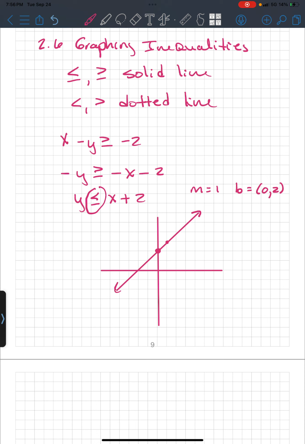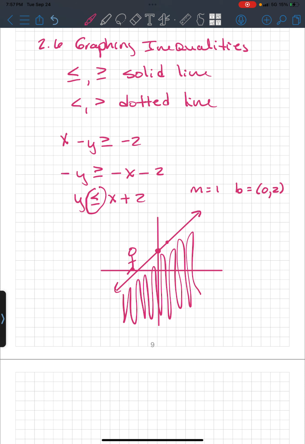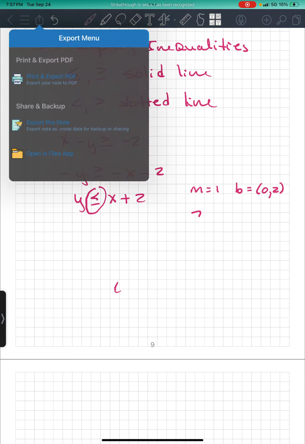So let's think of this line as a hill. If I'm walking up this hill, less than is going to be under my feet.